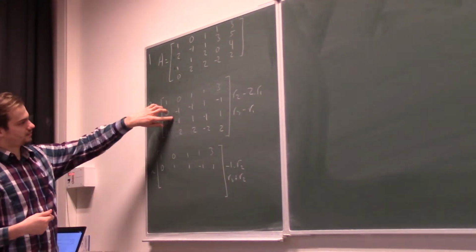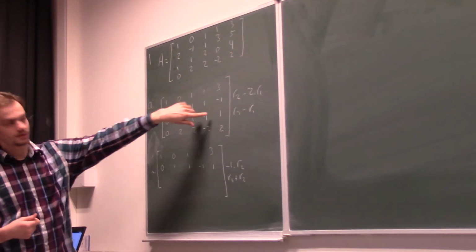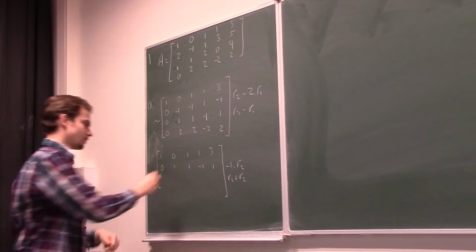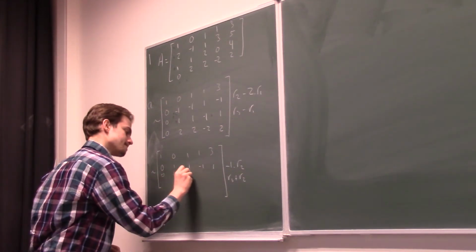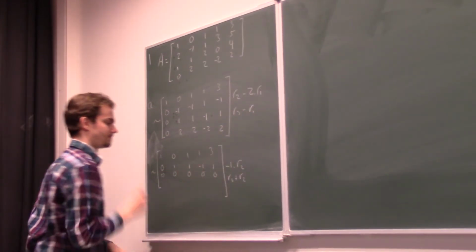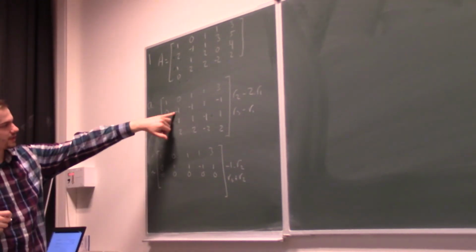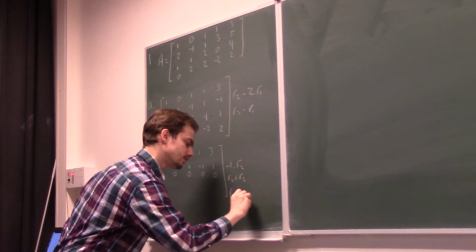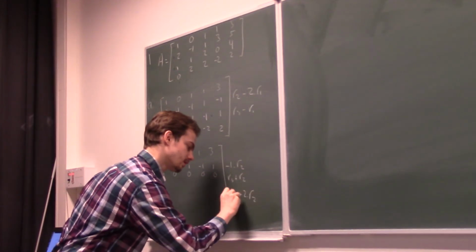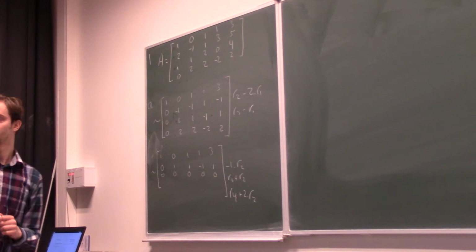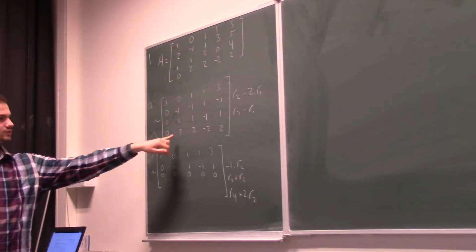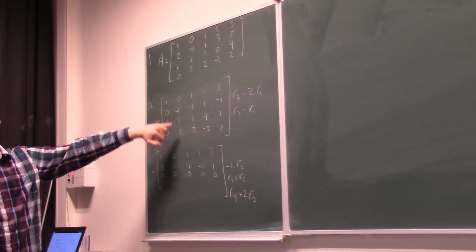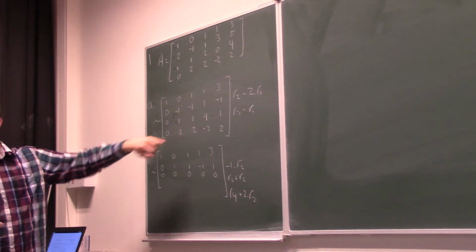And then you get 0, 0, 0, 0. Right, if you add these together, you get a row of all zeros. And same for this one, you need to add 2 times row 2, so this will be row 4 plus 2 times row 2. And again, this will be all zeros. Right, because these 3 rows are just multiples of each other.